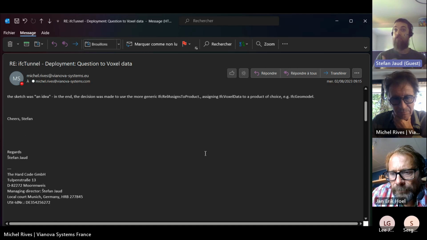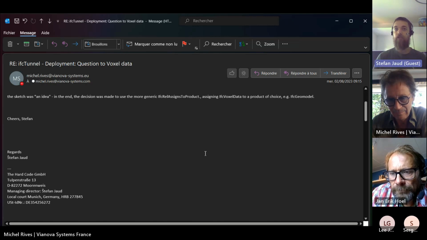However, to also attach the voxel data, so the logical or the real or the integer values that each voxel has, one would use the IFC rel assigns to product between the IFC geo model and the IFC voxel data.